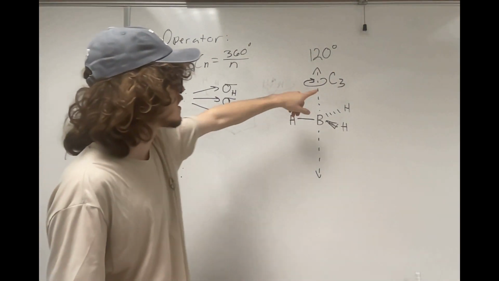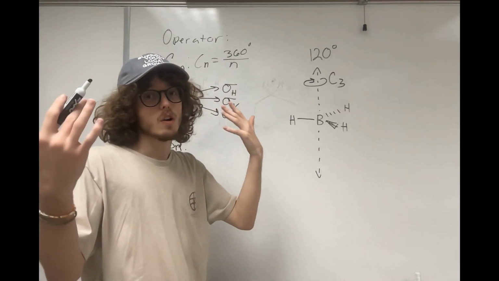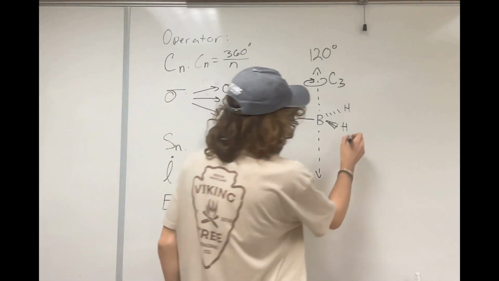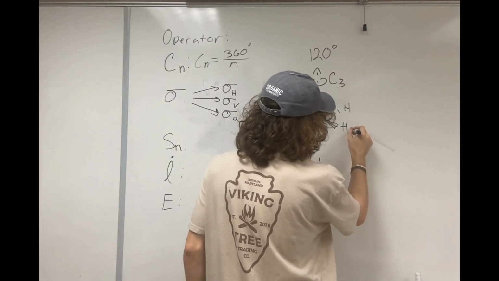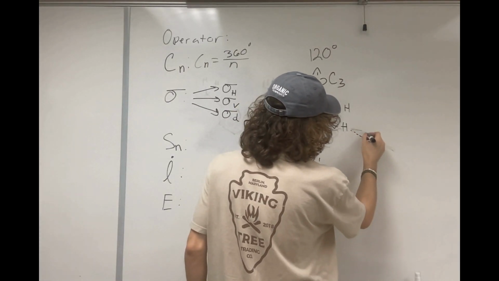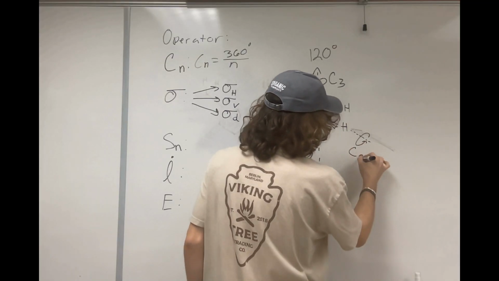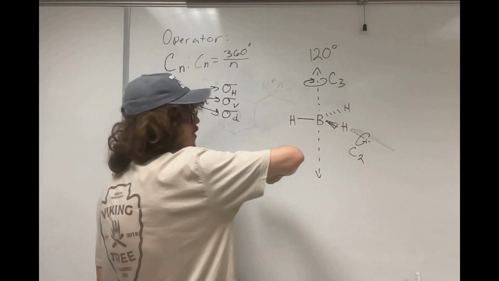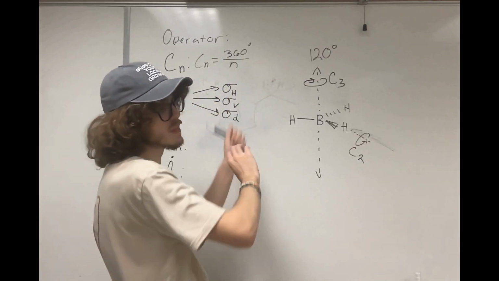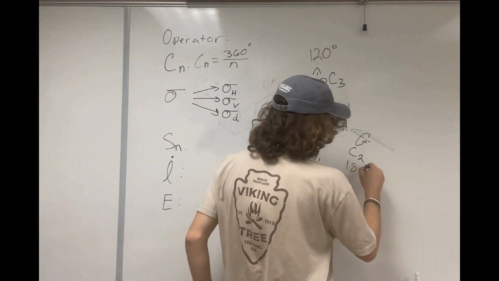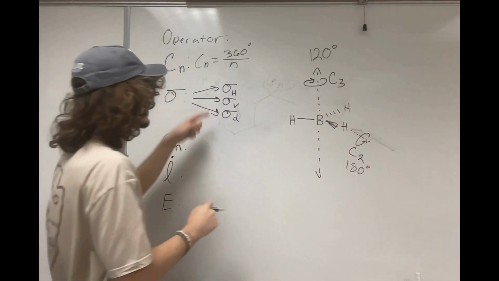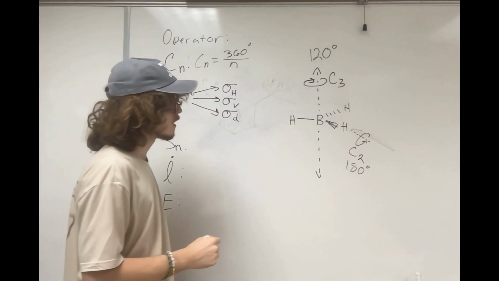But notice, C3 is not the only rotation operator. We also have these ones too, and they're a little weird to draw, but typically you might see it like this. And this would be C2. You can flip the molecule over on itself and then back and get a symmetrical molecule. So this would be a 180 degree rotation using that formula there.